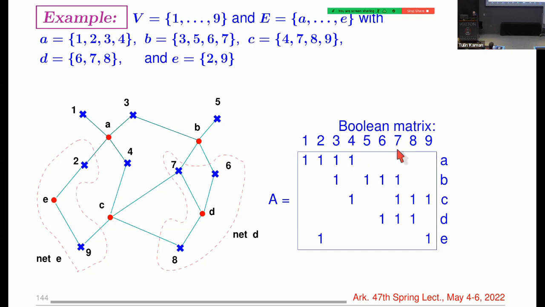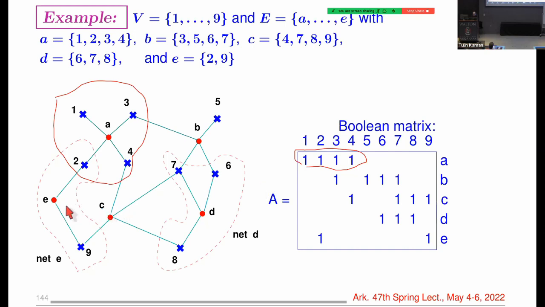So here's how you can represent that. Here the vertices are here, and these are the nets. A, for example, has 1, 2, 3, and 4. This is A. It has exactly these 4 here. If I look, for example, at C, it has 1, 7, 8, 9.